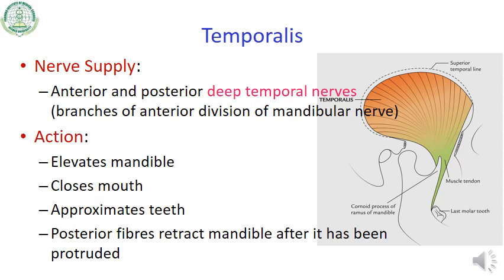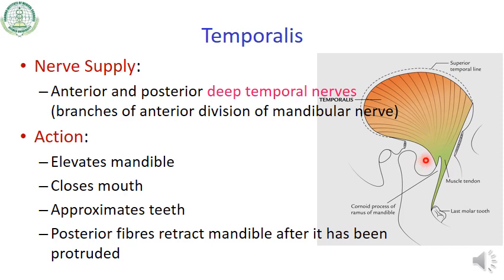Now coming to the action of temporalis muscle. You can see here the contraction of this fan shaped temporalis muscle will lead to elevation of the mandible. So you can see here, if it is contracted, there will be elevation of the mandible. So due to this elevation, which action of the mandible is possible? It is the closing of the mouth, and it also approximates the teeth.